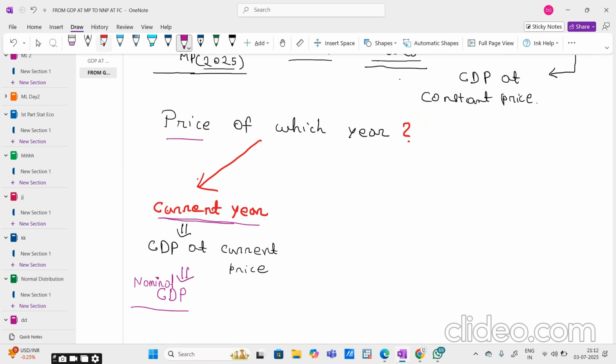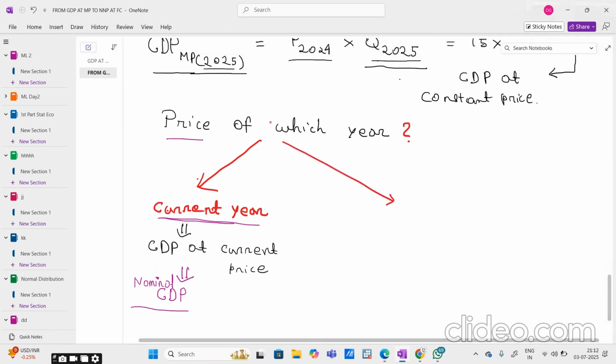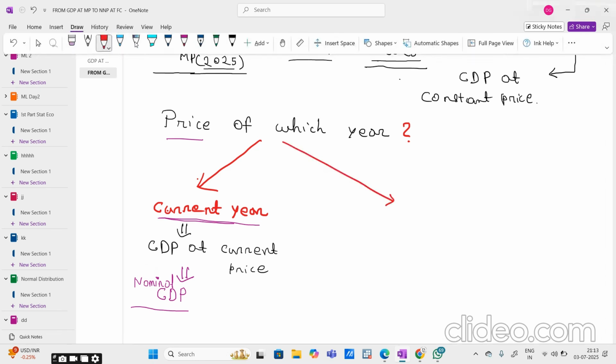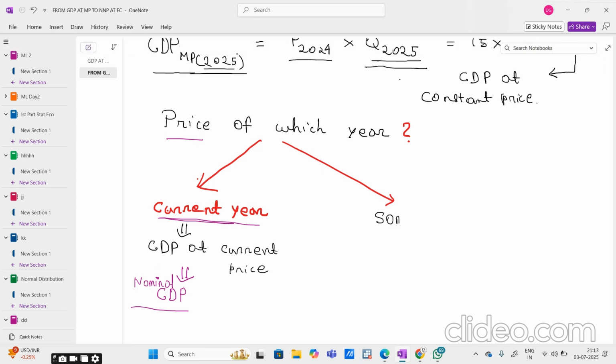But if you are using the price of some other year, some previous year, for example say 2020, here I have taken the example of 2024, but for example say 2011, then that is known as GDP at constant price.